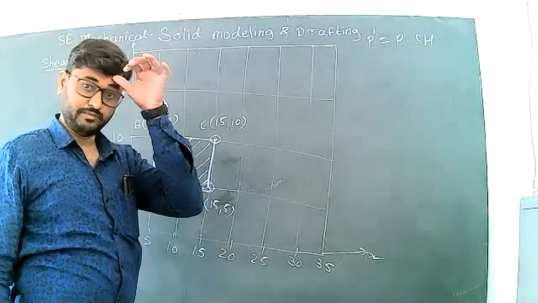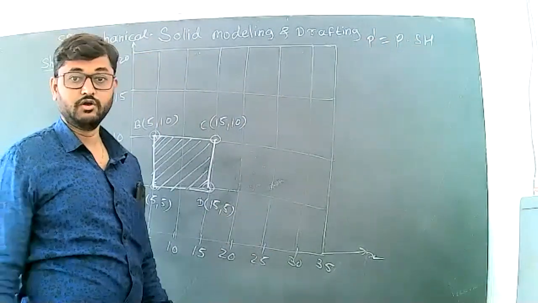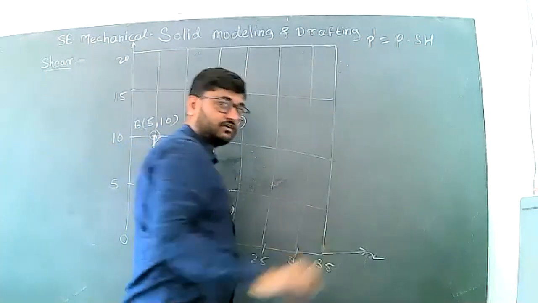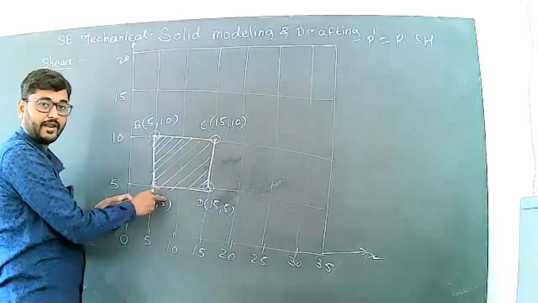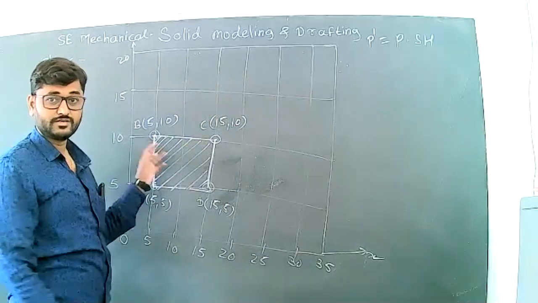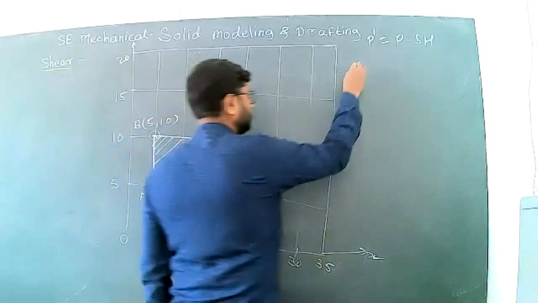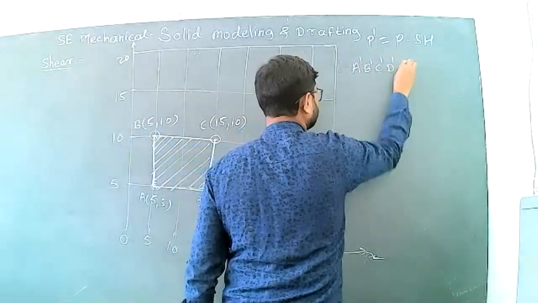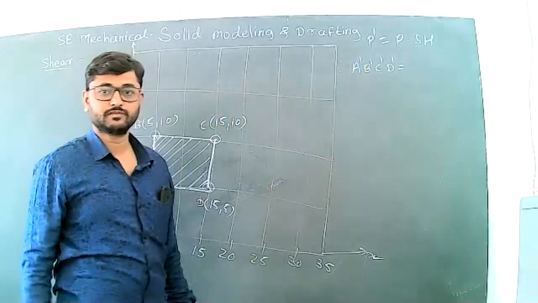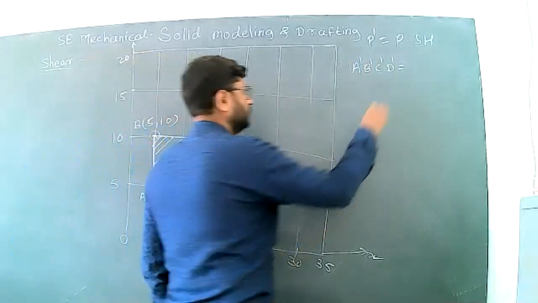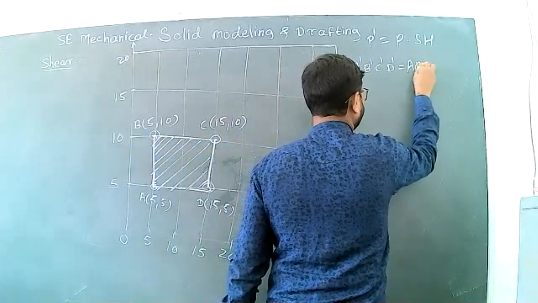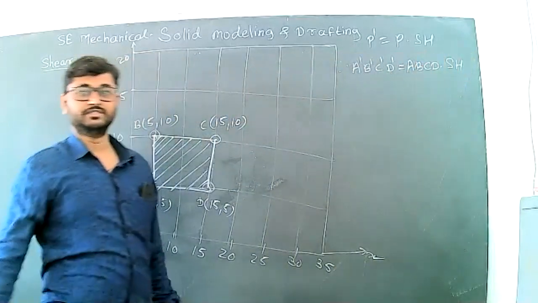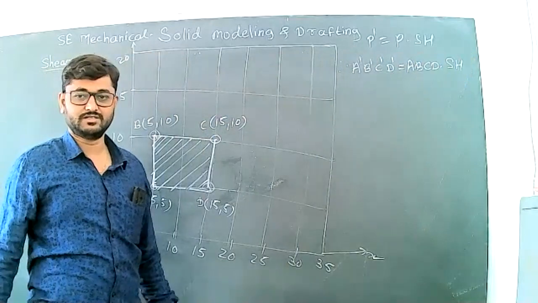Here we consider the transformation of the rectangle having points A, B, C and D. We have to transform this rectangle as A dash, B dash, C dash, D dash, that is equal to A, B, C, D into the shear transformation SH.